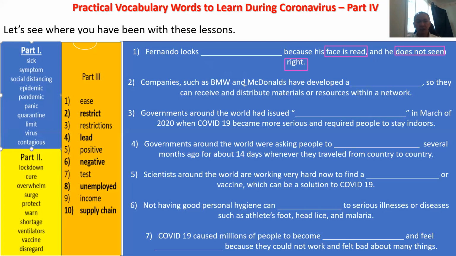Okay, for number 2, the key words here are receive and distribute materials. Number 3, you have to stay indoors. Number 4, find the words like 14 days, months ago, whenever you travel from country to country.